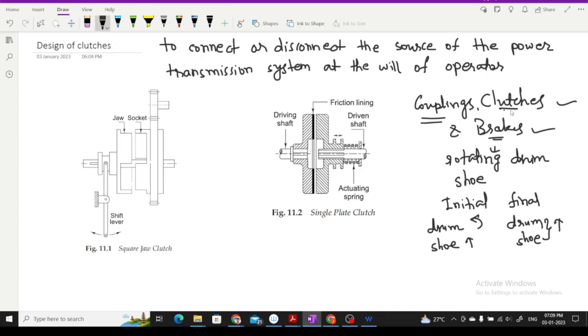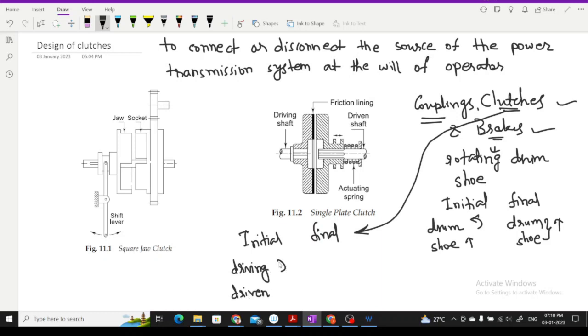Similarly, if you discuss the clutch, then in case of clutch also, if you discuss the initial and final condition, initially you are having one driving member and one driven member.